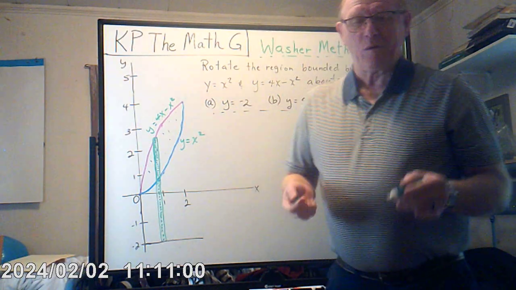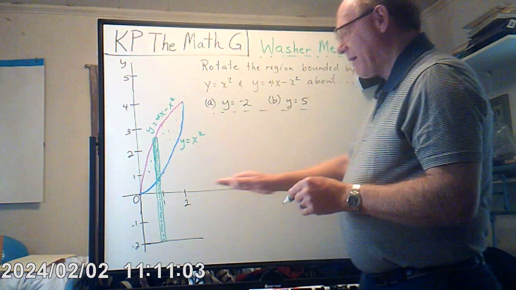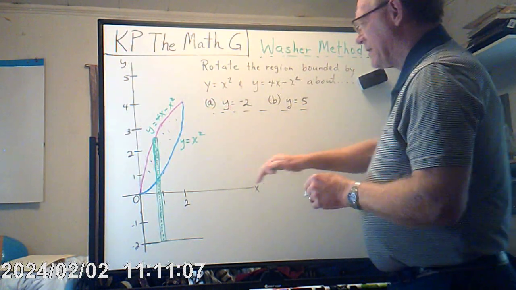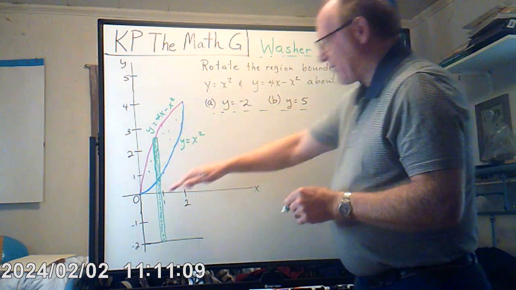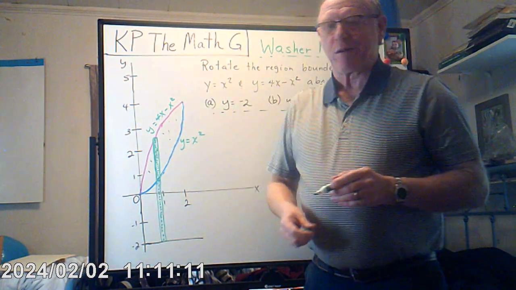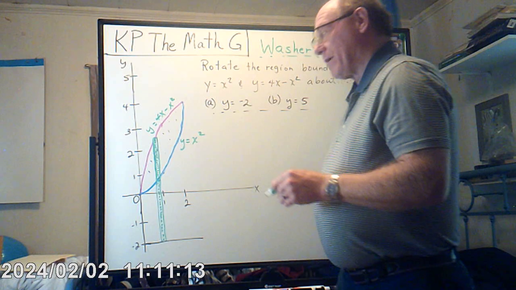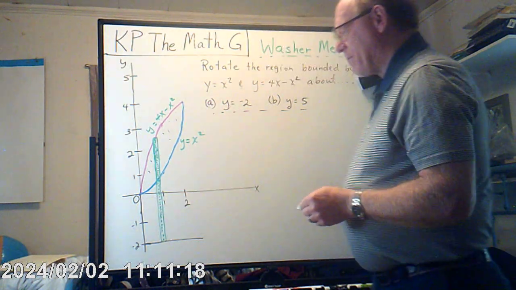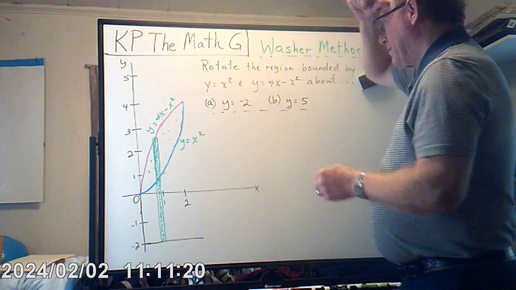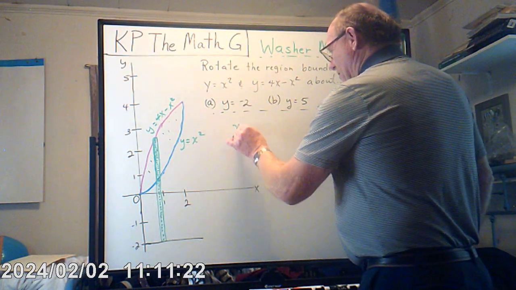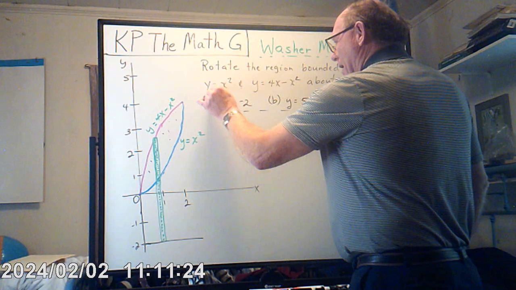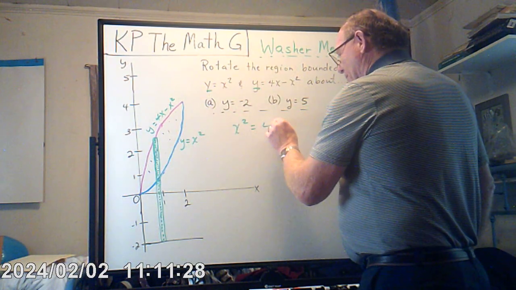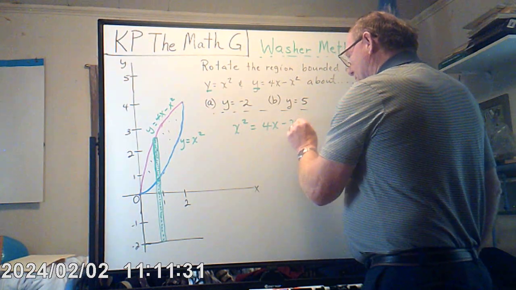You also have to be able, in some cases, if they just say rotate the region, it's not going to be mapped out for you like I have it already drawn. Well, it may already be drawn, but they may ask you to find the points of intersection, so you would say this y equals this y, so x squared equals 4x minus x squared.